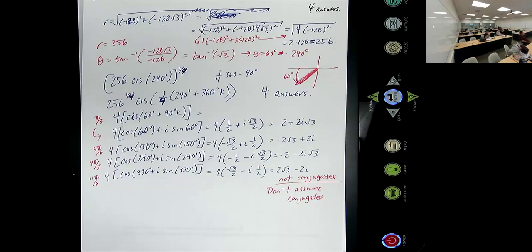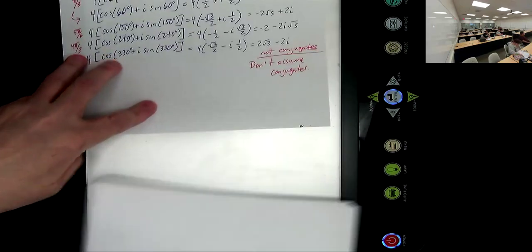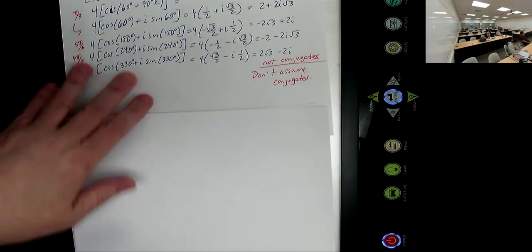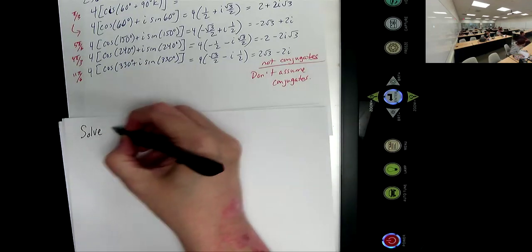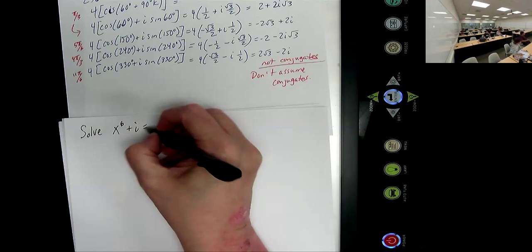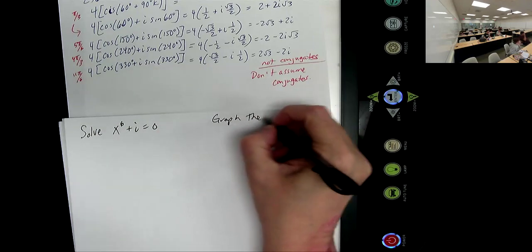We did real numbers, we did complex numbers, how about we just do a single imaginary number? Solve x to the sixth plus I equals 0, and graph the solutions in the complex plane.